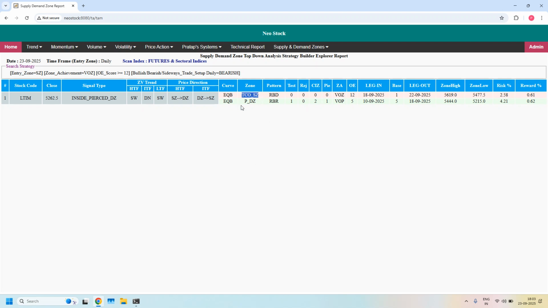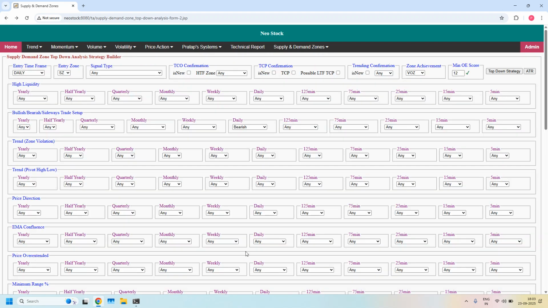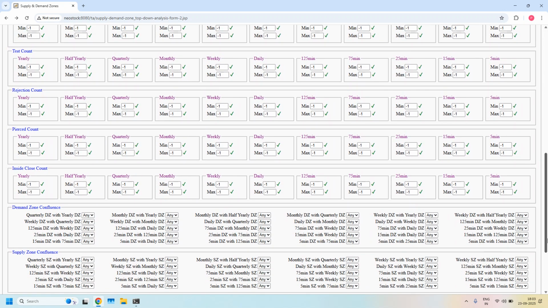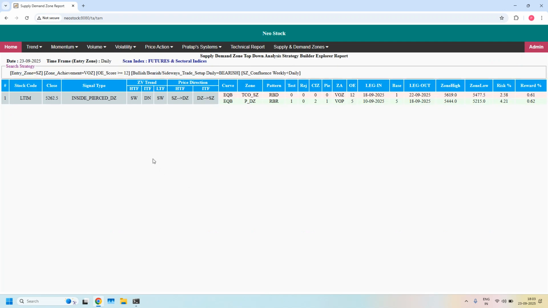Let us verify whether this daily supply zone has a high probability of success. Okay, let us first use LTF and ITF supply zone confluence and then ITF EMA confluence. First, supply zone confluence. I am selecting daily and weekly supply zone confluence, applying the filter, and it is filtered.